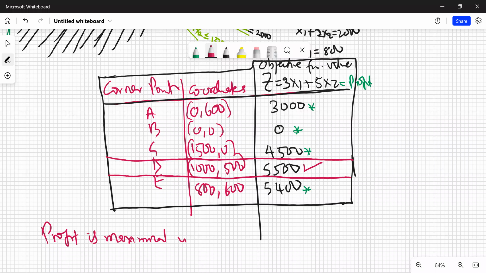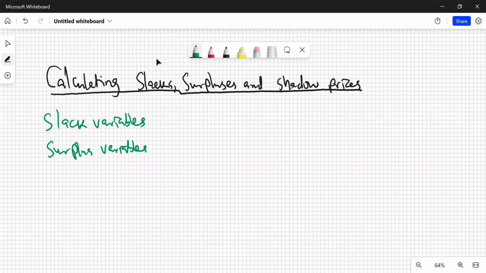So let's move on. After obtaining the optimal solution of an LP model, sometimes you may be asked to calculate the slacks, the surpluses, and shadow prices. As you've seen in the notes, we have what we call slack variables, and we also have some other type of variables known as surplus variables.